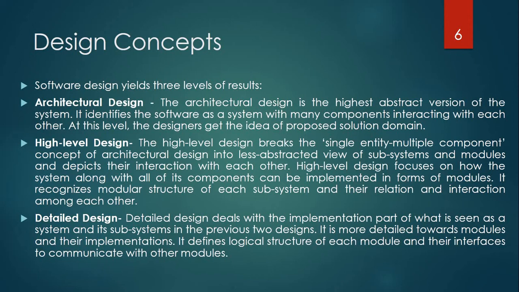In the second one, high level design, the concept of a single entity with multiple components from architectural design is broken into a less abstract view of subsystems and modules, and depicts their interaction with each other. High level design focuses on how the system along with all components can be implemented in the form of modules. It recognizes the modular structure of each subsystem and their relation and interaction among each other.